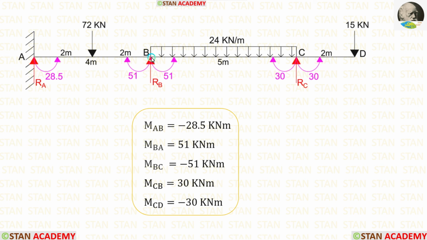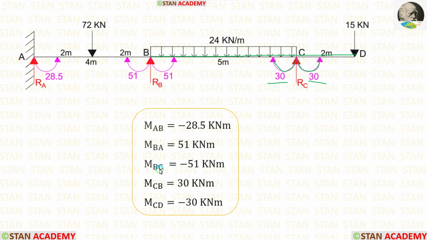Now, let us take the span BC and the overhanging span CD and calculate the vertical reactions. When we take these two spans together, no need to consider MCB and MCD. They will get eliminated because one is acting in the clockwise direction and one is acting in the anti-clockwise direction. 30 minus 30, it will be 0.